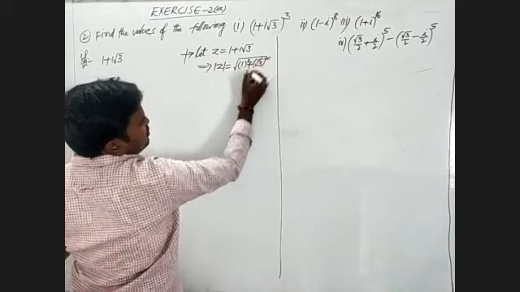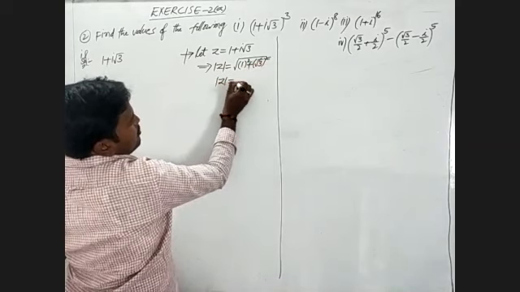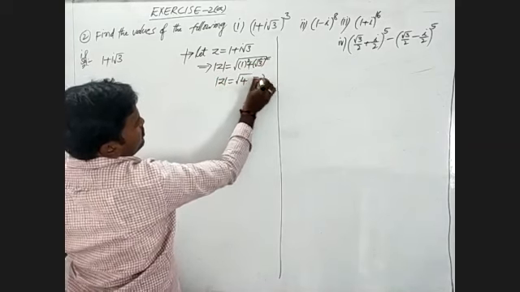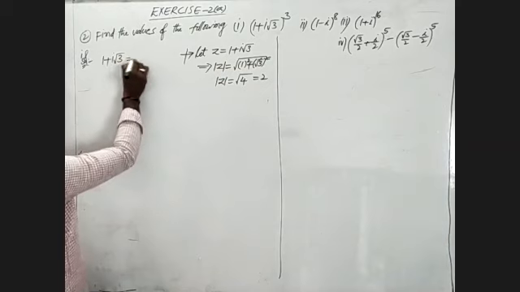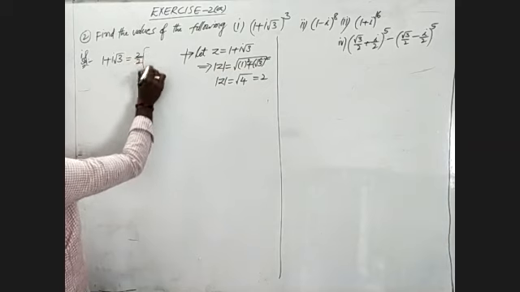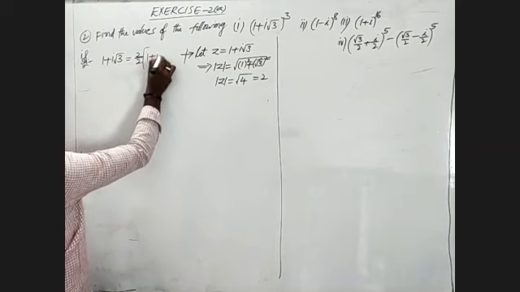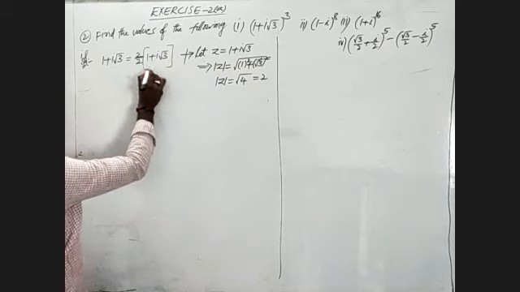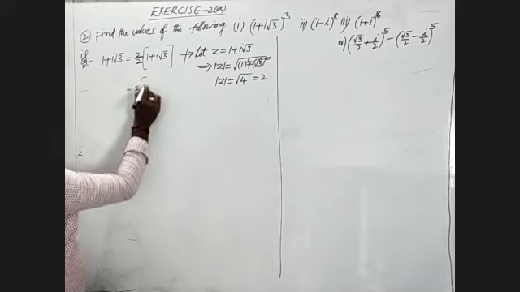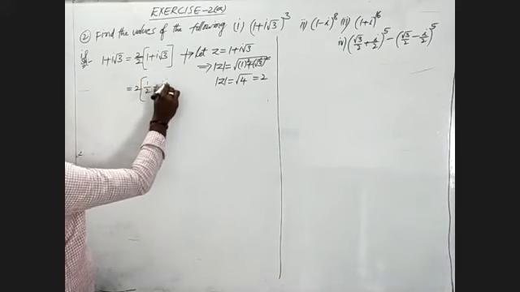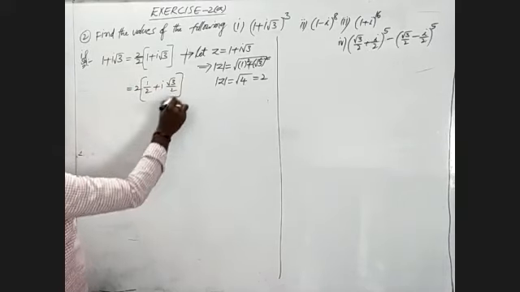Square and root cancel, so mod z is root 4, which is 2. Here we multiply and divide by 2: 2 by 2 into (1 plus i root 3), which gives 2 into (1 by 2 plus i into root 3 by 2).